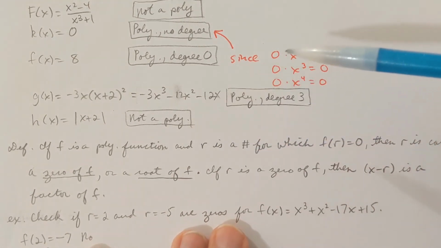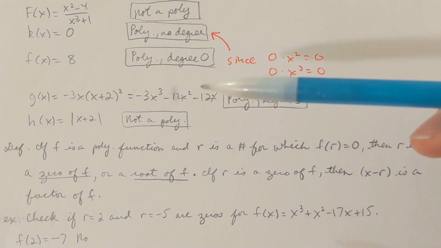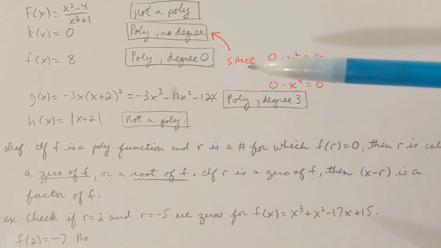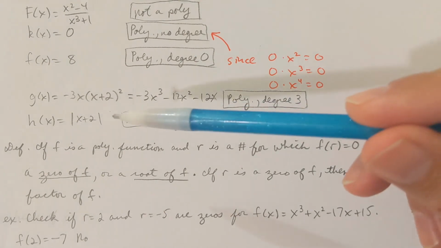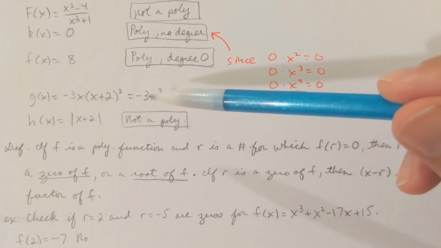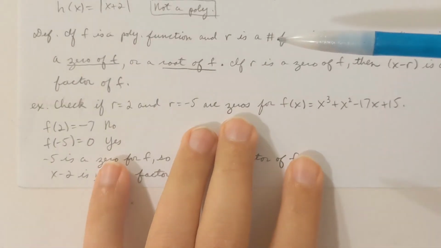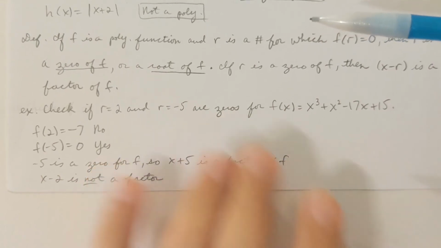You see, the absolute value of x plus 2, that's the same as x plus 2 if x plus 2 is greater than or equal to 0, and negative x plus 2 if x plus 2 is negative. Okay, so I'm going to get two different expressions there for x plus 2 because of how that's defined as a piecewise function, not a polynomial.